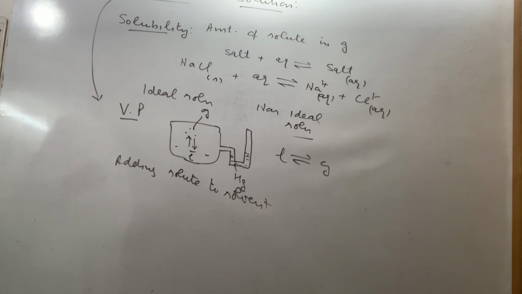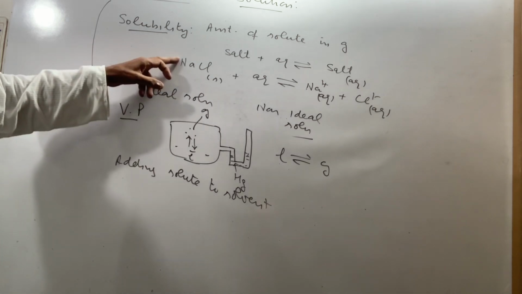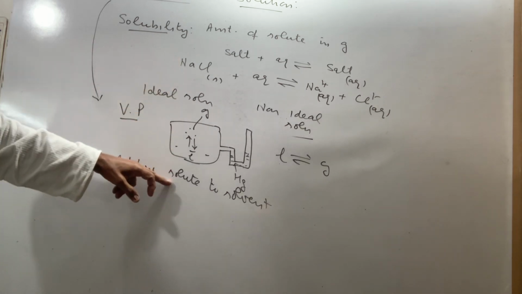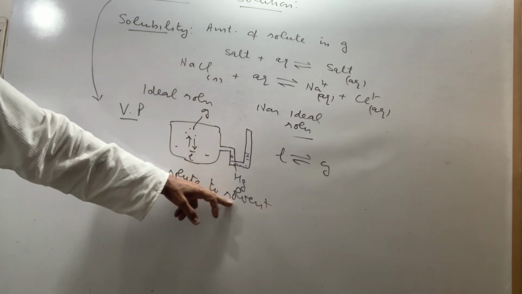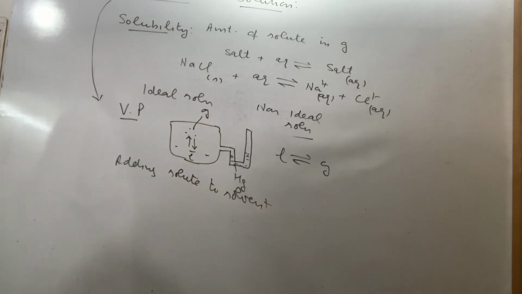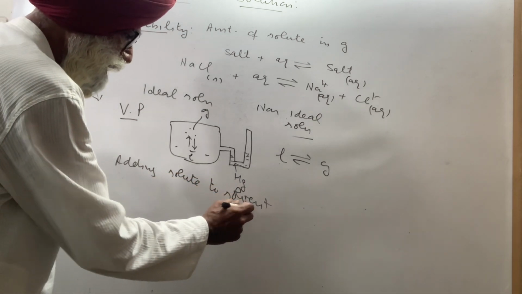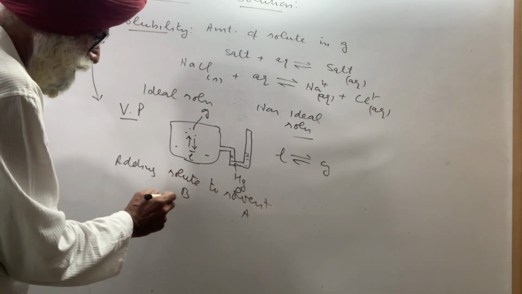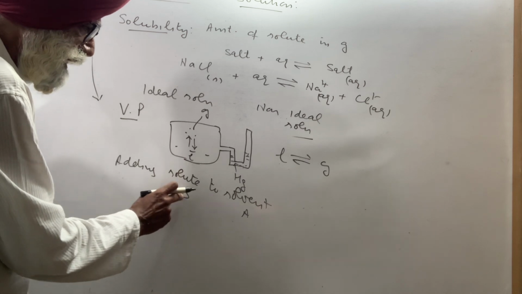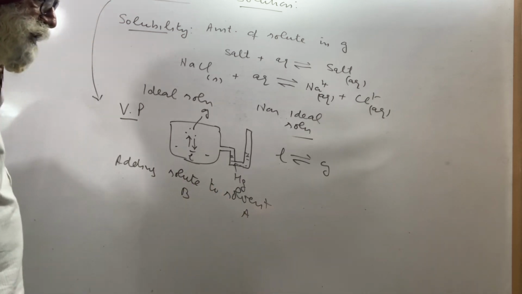for example, suppose sodium chloride is there, so this is a non-volatile solute and this is a volatile solvent. Suppose it is A, it is B. So here we have got B added in A. What will happen?